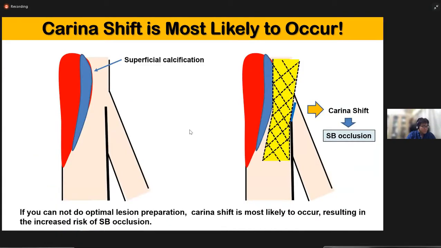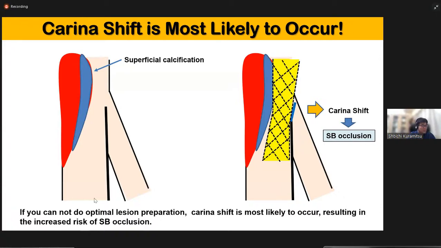So when superficial calcium is found on the plaque at the ostium of a side branch, carina shift is likely to occur. When we see superficial calcium at the opposite side of the side branch, we should do optimal lesion preparation.